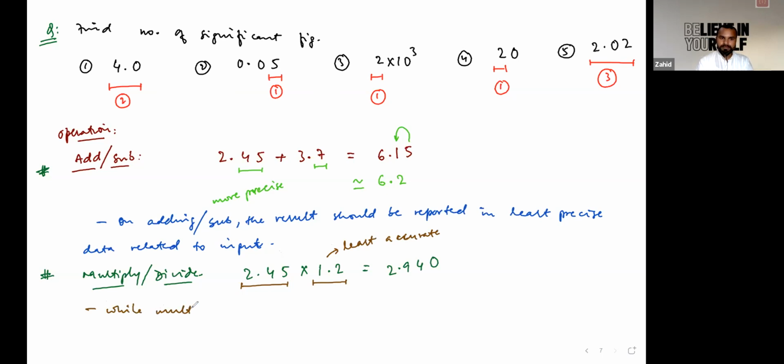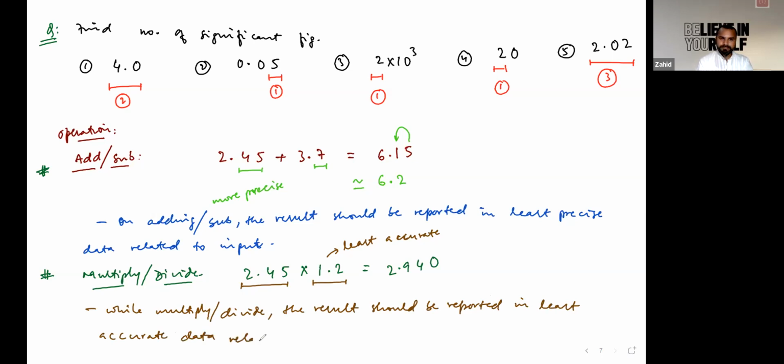While multiplying or dividing, the result should be reported in the least accurate data related to input. So we have just 2 significant figures in the least accurate data.